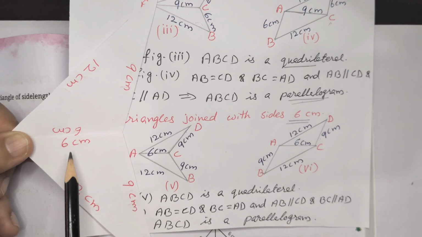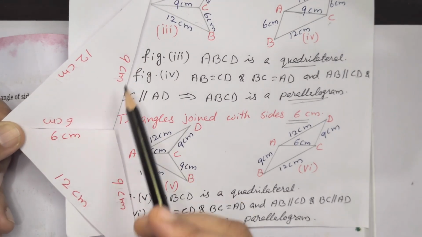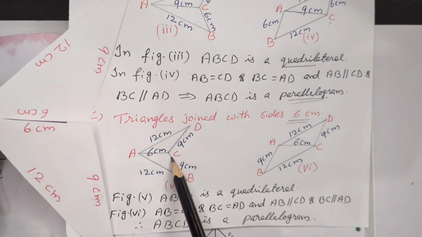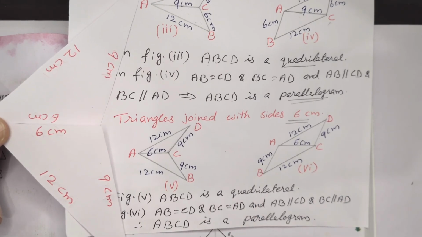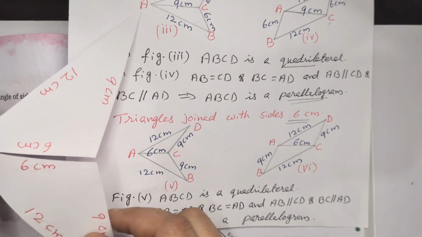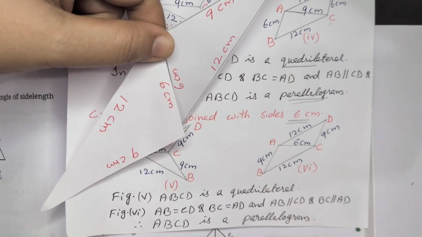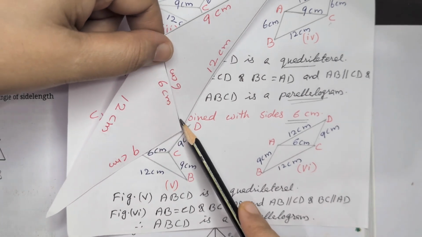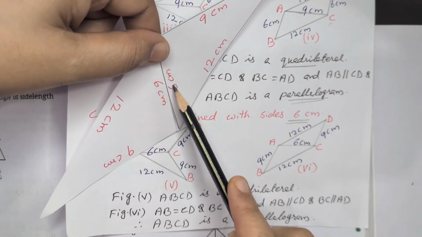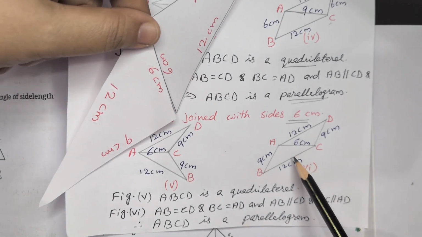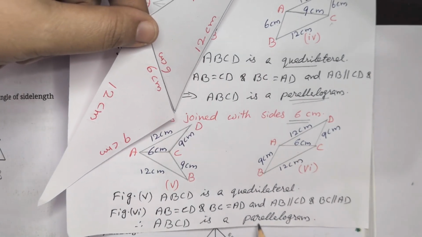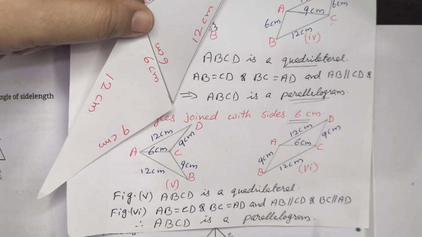When we are joining 6 centimeter to each other, we will get a shape like this, and this is just a quadrilateral. Again, if we move that triangle in this way and join, here also the joining side is 6 centimeter, but the shape moves differently. We will get this shape, that is in the form of a parallelogram.